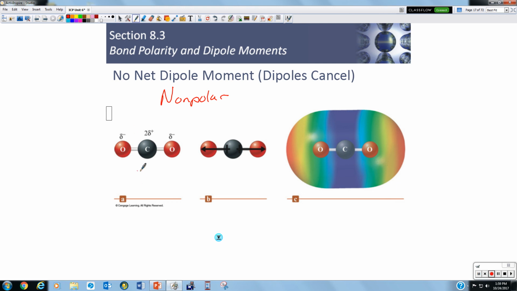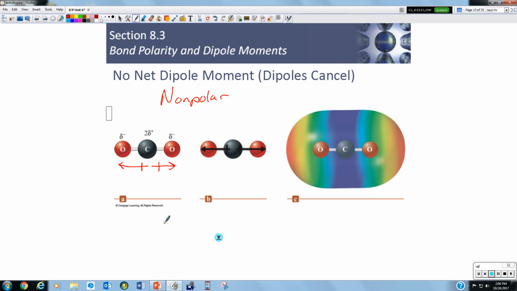So let's treat this as two separate bonds here. From the carbon to the oxygen on the left, which direction will I draw the arrow? Towards the negative, so toward oxygen, right? Now, on the other side, we have the exact same bond going in the different direction. So from carbon to this oxygen, we're going to have another arrow doing that.